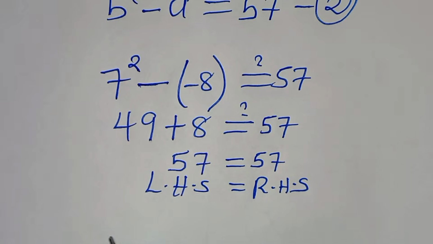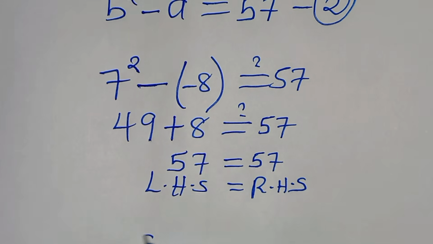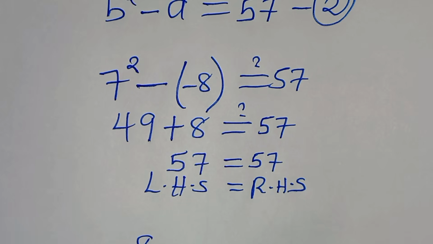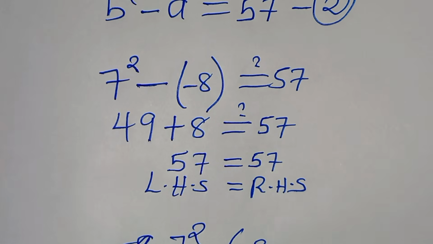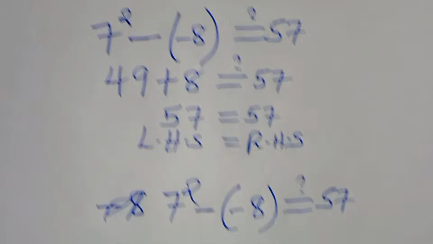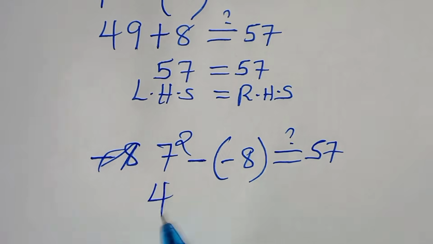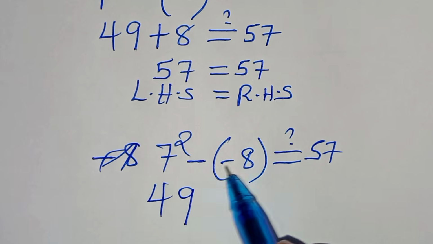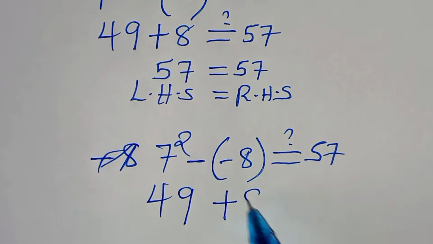So this is B squared, which is 7 squared, minus A, where A is minus 8. This is supposed to give us a value of 57. 7 squared is 49. Minus times minus 8 is plus 8.